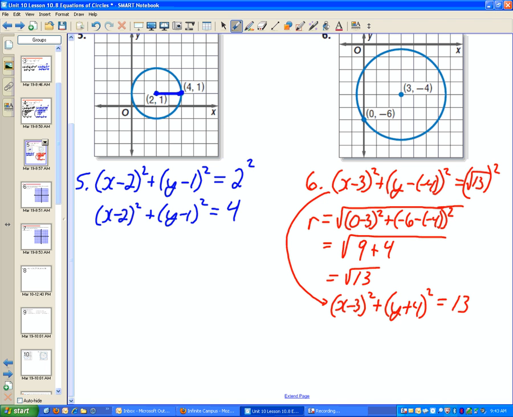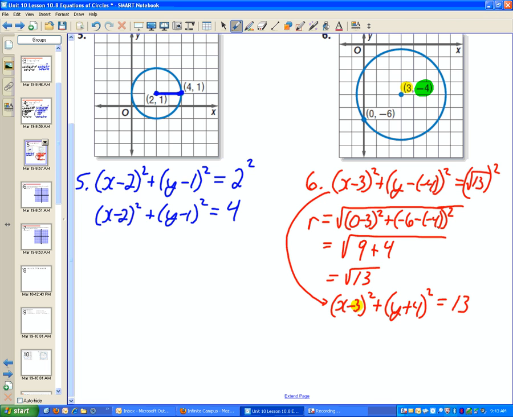Now, notice something here for me. Notice that when the coordinate of the center is positive, you have a negative sign showing up there because it's x minus whatever or y minus whatever. Then look what happens here.